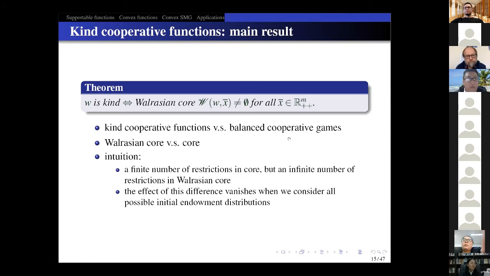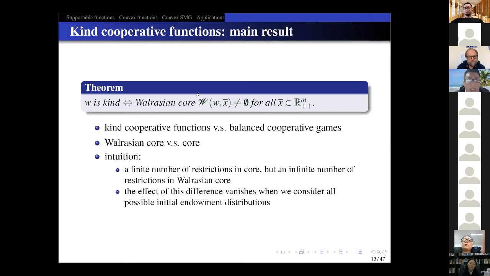And the intuition for the proof is that in the definition of the core, there is a finite number of restrictions, but for the definition of variation core, there are an infinite number of restrictions.